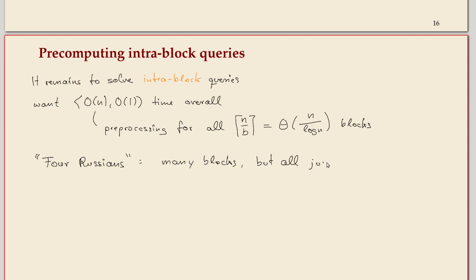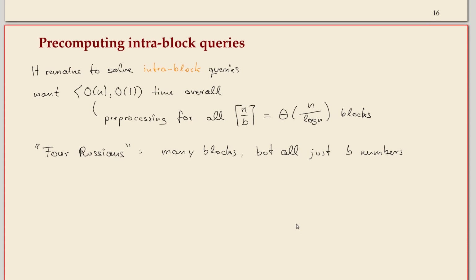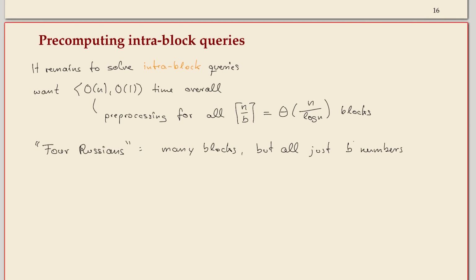They all just have b numbers. And we only need the local arrangement queries inside the block. And we know what that number was. I omit the floors and ceilings in the following.